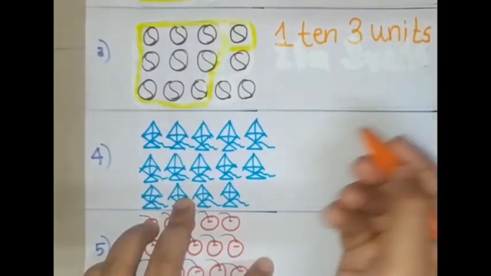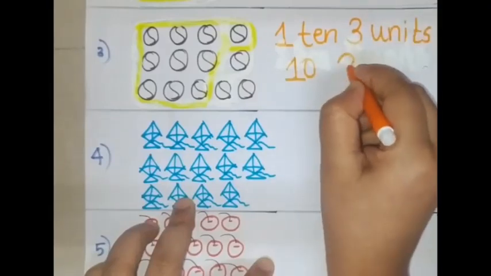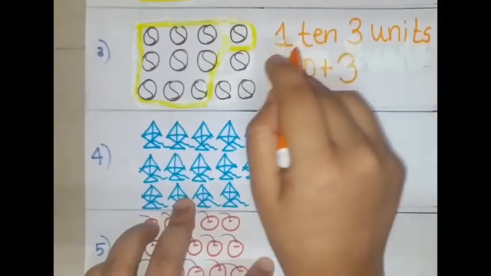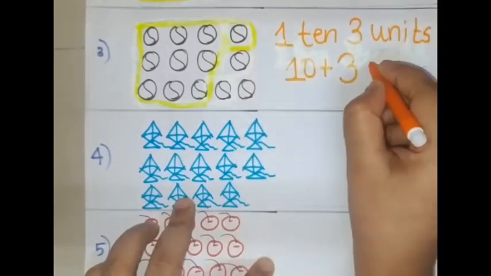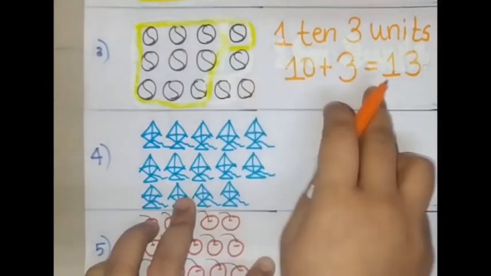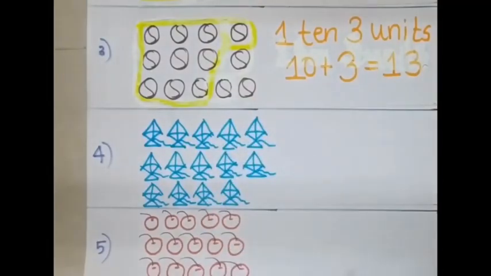So 1 ten means 10 and 3 units means 3. So 10 and 3, what does that make? 13. So 10 plus 3 is equal to 13.